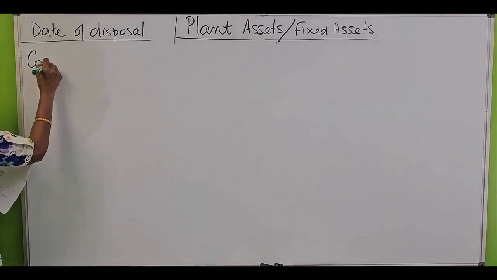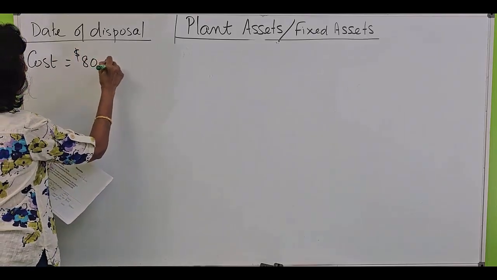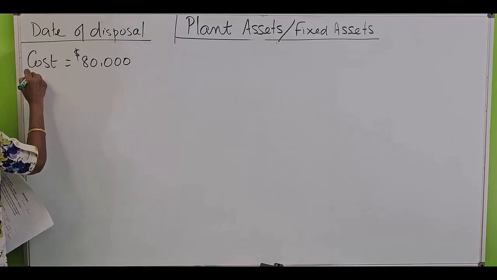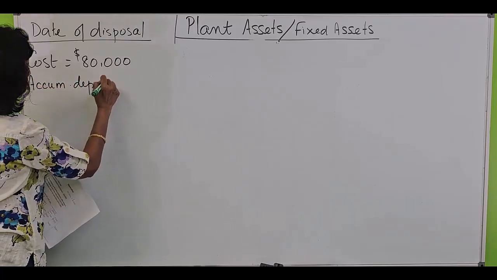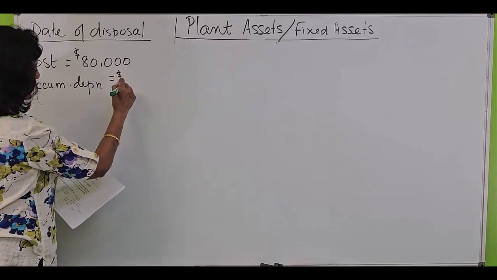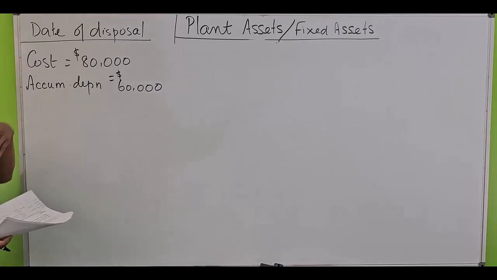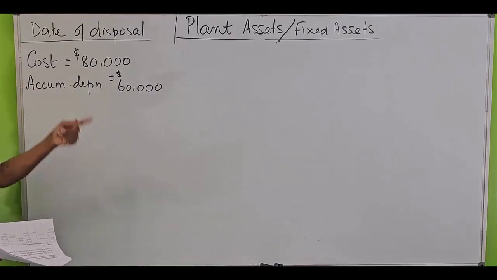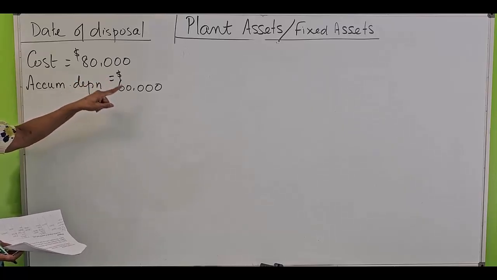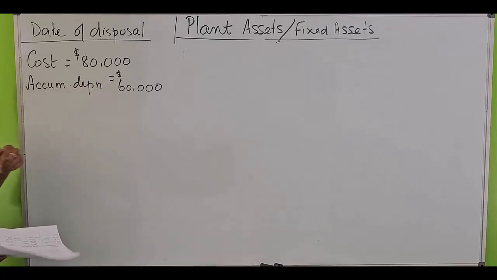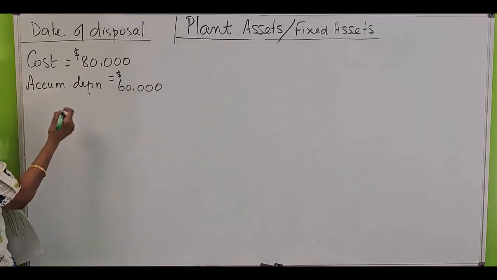So here the cost of the property is $80,000 and accumulated depreciation has a balance of $60,000. Now here, when the company disposes of the property, this asset account and this accumulated depreciation account should be brought down to 0.